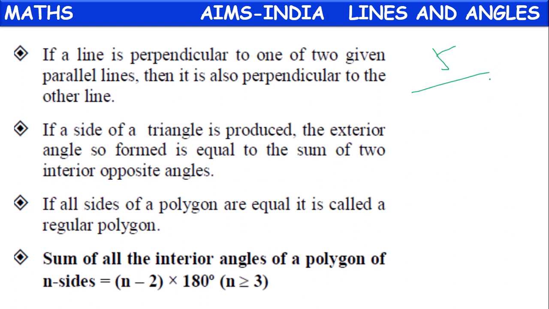Next, pentagon, having 5 sides. 5 minus 2 into 180. 5 minus 2 is 3, 3 into 180, 540.